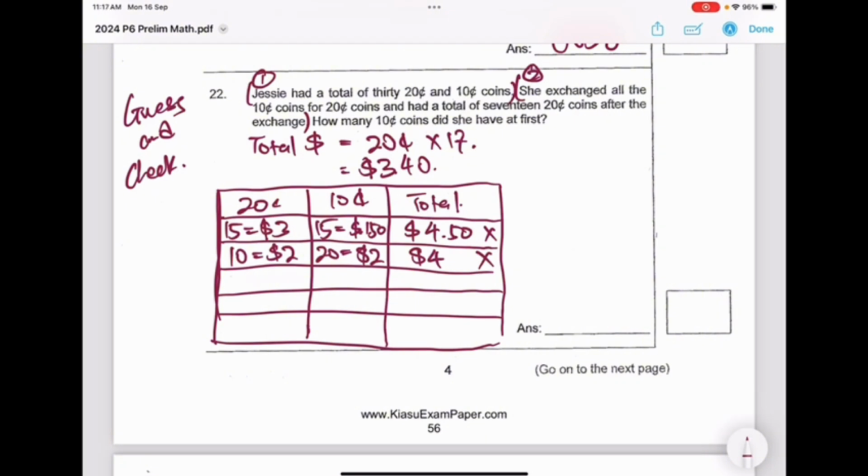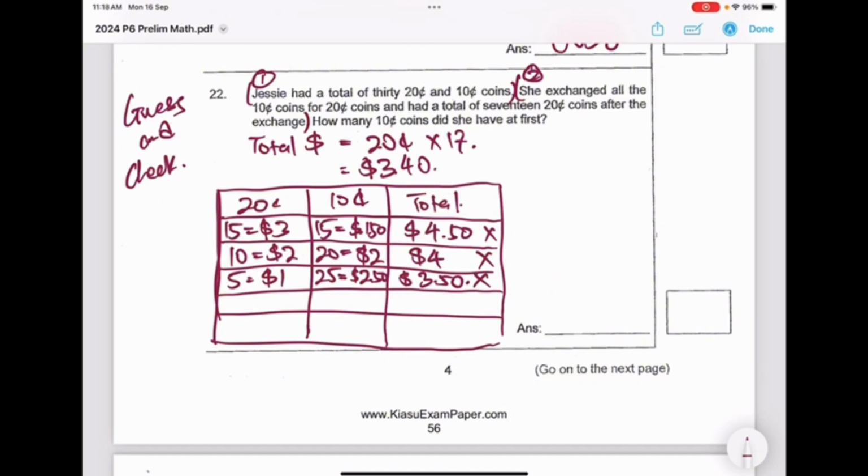What I want to try next is 5 20 cents and 25 10 cents. 5 20 cents will give me $1, and 25 10 cents would give me $2.50. Adding these two up, we have a total of $3.50, which is just 10 cents away from the total that we need.